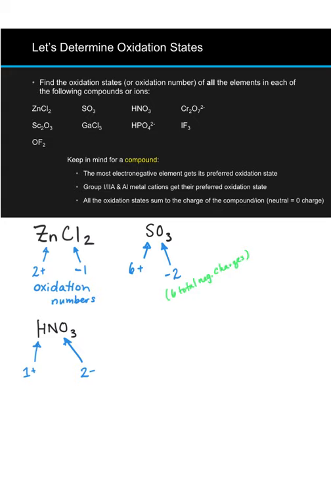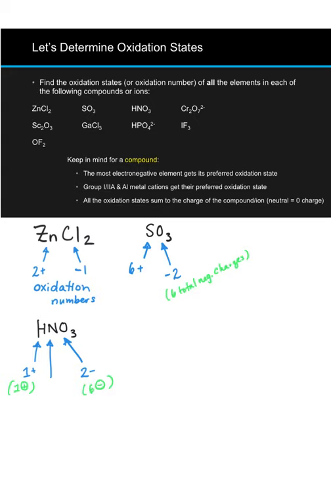That leaves just nitrogen in the middle. At this point, we have a 2- oxidation state from each oxygen, and there are 3 oxygens, so that's 6 total negative charges. We've got 1 hydrogen with a 1+ oxidation state. That's 1 total positive charge. So right now we're at 1 positive, 6 negative, 5 total negative charges.